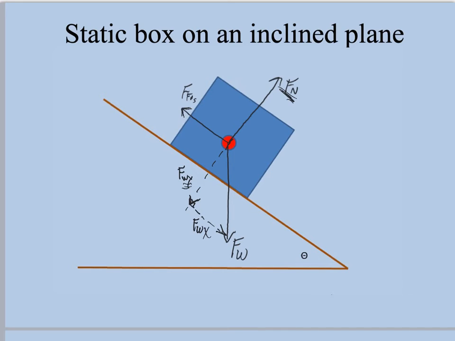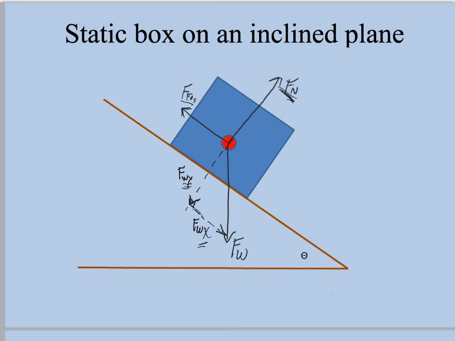Well, can you see where it would be? It's going to be this FWX. And you'll notice, and I tried to draw it as best I could, the FWX vector, pointing down the hill, is about the same length as the friction vector. And that's on purpose because you want this idea that they're balancing each other out.